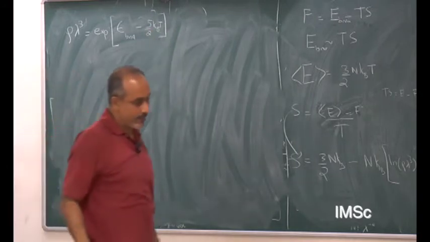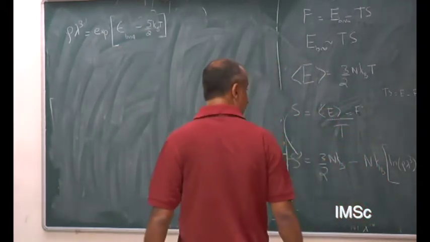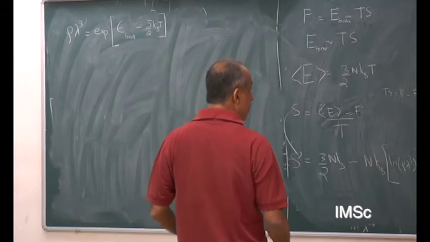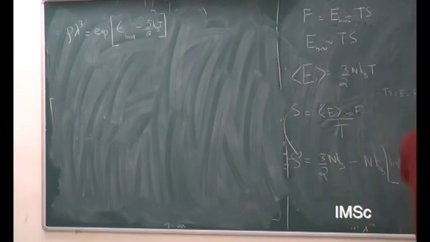Okay. And provided I have my signs right. So minus sign, minus n log rho lambda cubed. So I should have a minus sign here, a minus sign here, minus there, minus there. Okay, that makes complete sense.